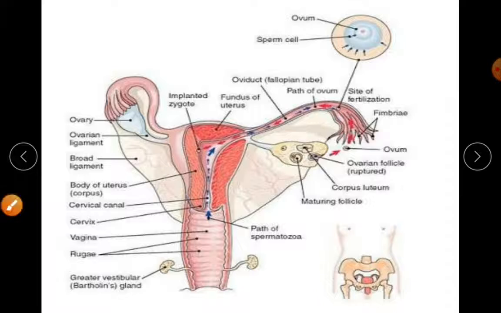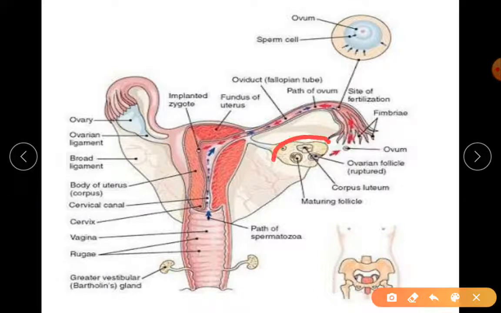This is what I explained. So this is the egg that is released, which is the ovum. Once it has been released, it has to reach till here. So it has to enter through the oviduct. So we have written here oviduct, also called fallopian tube. Just observe in this picture, you can see the blue arrow and the red arrow.